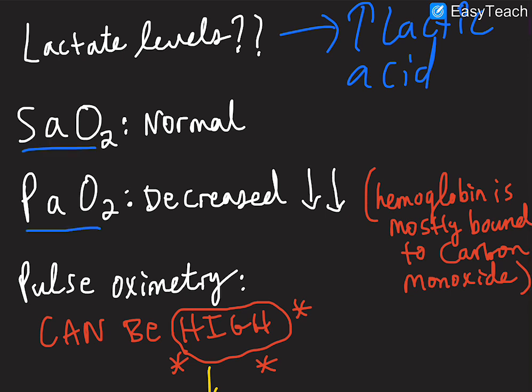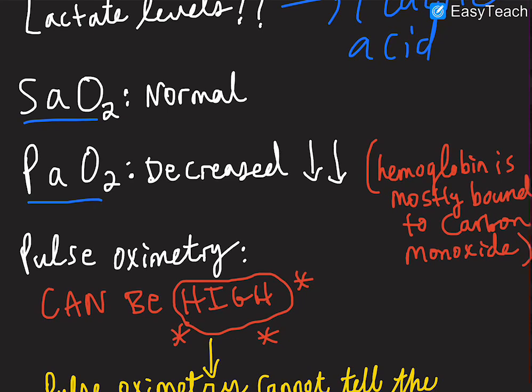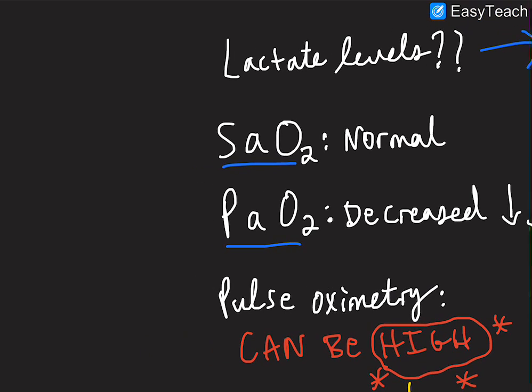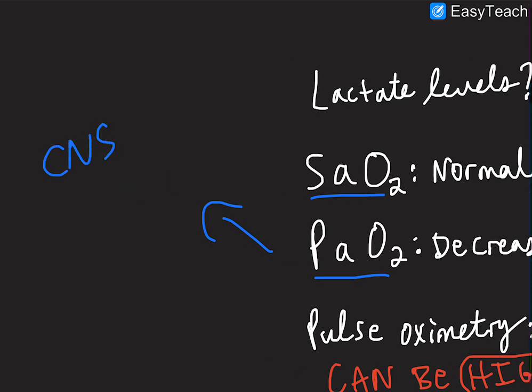Another thing that we should be aware of is the SaO2 and the PaO2. The partial pressure of oxygen in your blood may actually be decreased. And why is that? Because if you're not delivering oxygen to your tissues, let's say one of those tissues is your brain, and your brain stem. We know your brain stem is important for respiration. So if you're not delivering oxygen to your brain stem, that may lead to CNS depression.